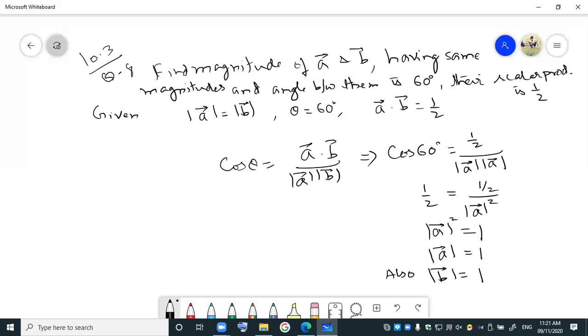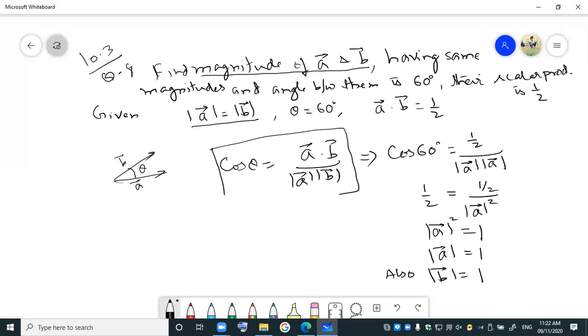So that was asked, to find the magnitudes of A and B. One condition given is that their magnitudes are the same. If this is vector A and this is vector B, the angle between them is theta. Then you can use this formula and substitute the values, because A dot B is also given as 1 by 2.